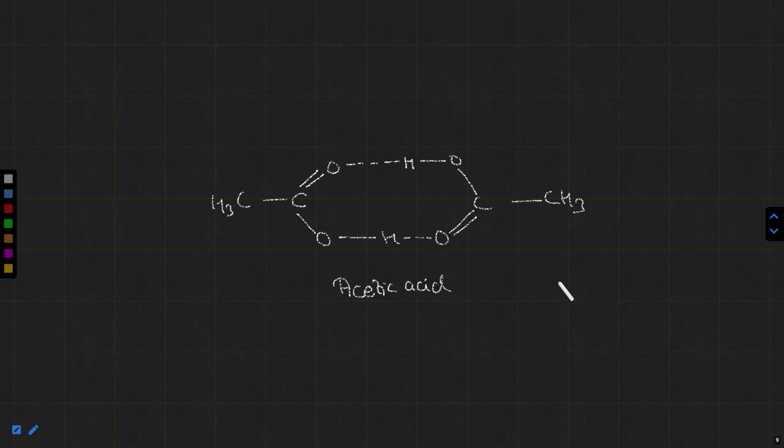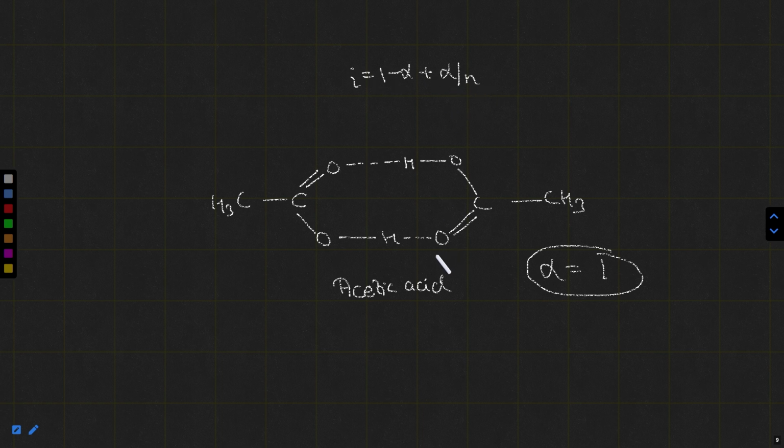Now suppose it is said that the percentage of association is 100. So what will alpha be? Alpha will be equal to 1, because 100% means 1. Then the formula is i equals 1 minus alpha plus alpha by n.